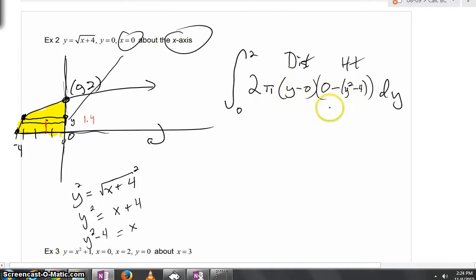You didn't do a right minus left or a top minus bottom. I'll leave it to you to finish this problem. Suffice it to say you should get a volume of 8 pi. And it's very important for you to know, too, that the disk method would get you the exact same answer.